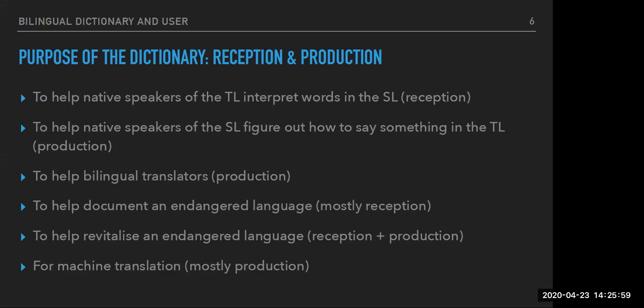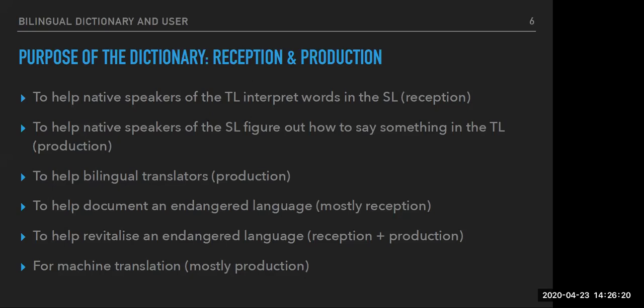One is you might want to help native speakers of the target language interpret words in the source language. These are called reception-oriented dictionaries, where the point of the dictionary is to help the native speaker of the target language understand the words of the source language.